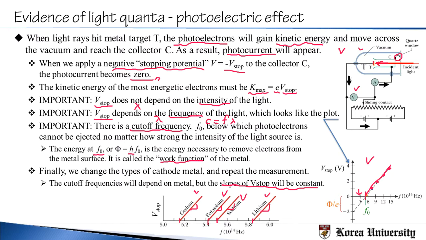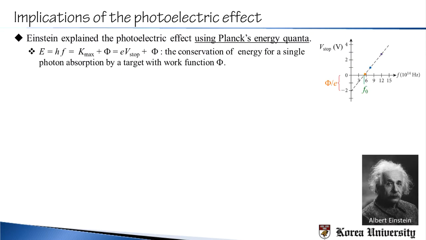And finally, it was Einstein who explained this. He used the idea of Max Planck's energy quanta. Just remember that Max Planck, when he was trying to explain the thermal radiation from a black body, assumed that the elementary energy of the thermal radiation was proportional to the frequency, and he used the proportionality constant h, which we now call the Planck constant, right?